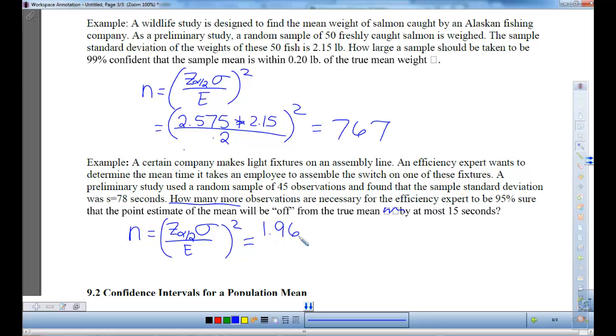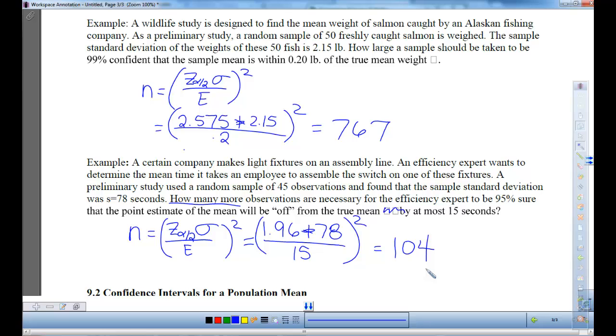Okay, our standard deviation, we're going to use 78. And our margin of error is 15. Okay. So all that and square it. And what do you get? 103.87. Okay, so we would call that 104.